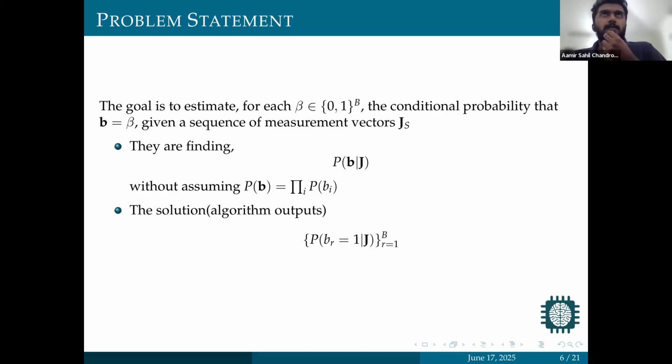They also mentioned another work that had considered this independence, but that one didn't consider measurements to be vectors. That one had measurements as scalars.